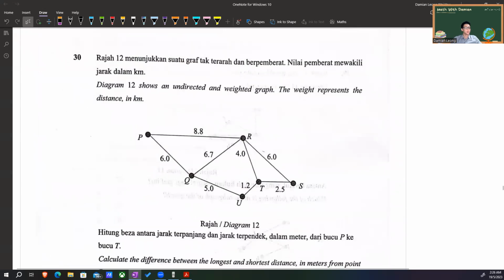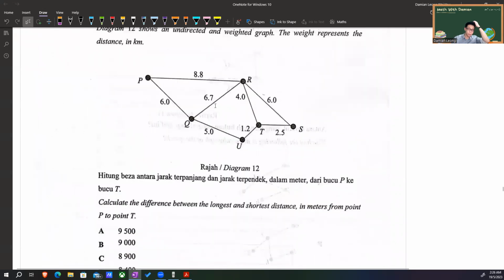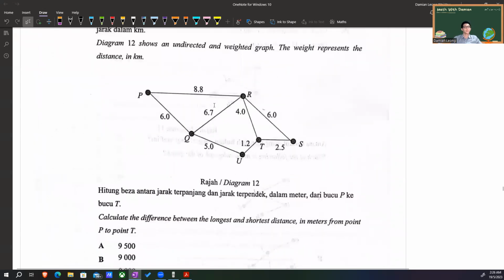Question 30. I have an undirected and weighted graph. Weight represents distance. Calculate the difference between the longest and shortest distance in meters from point P to point T. I want to go from P to T. I want the shortest and longest distance.